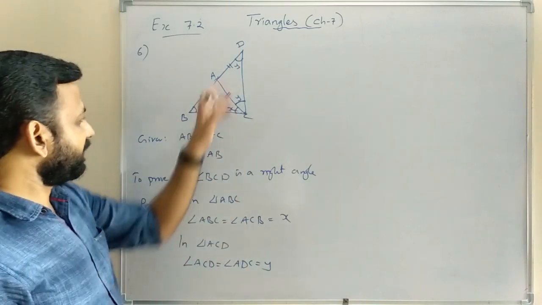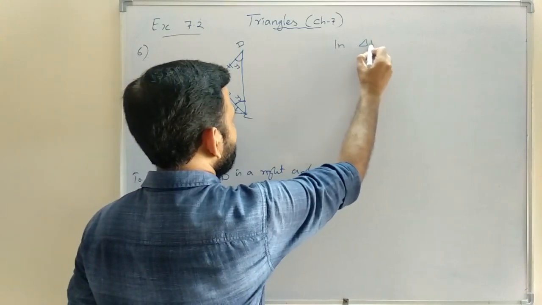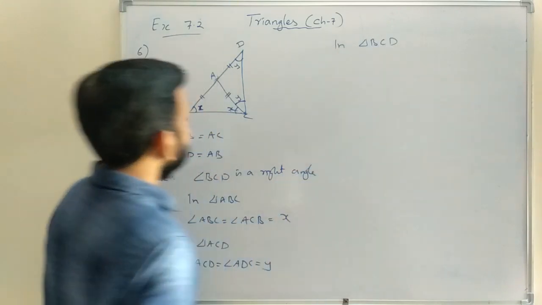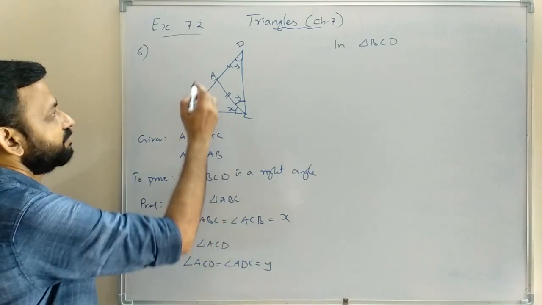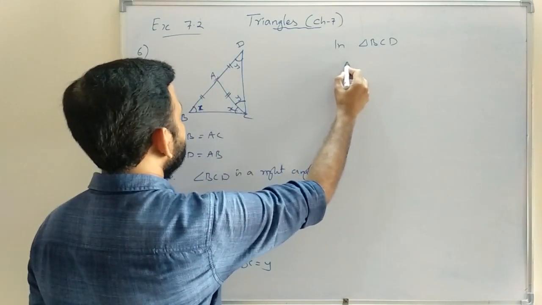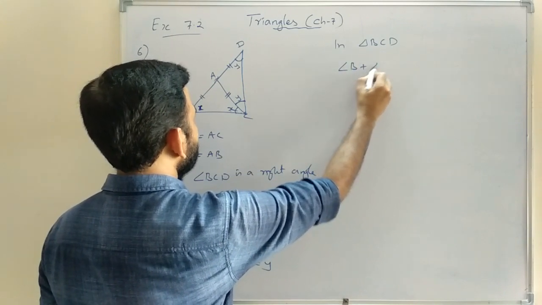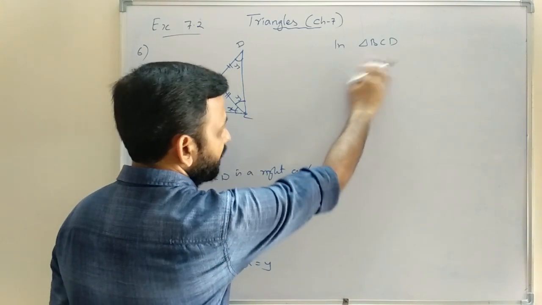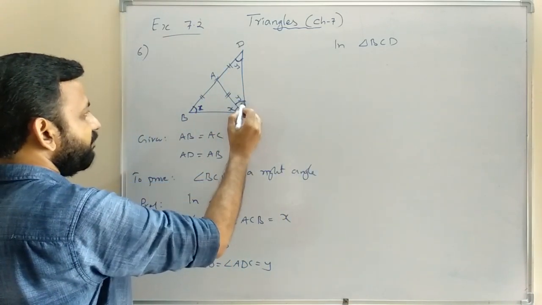Now we take the bigger triangle BCD. We can use the angle sum property in triangle BCD. The sum of the angles of that triangle is 180 degree.